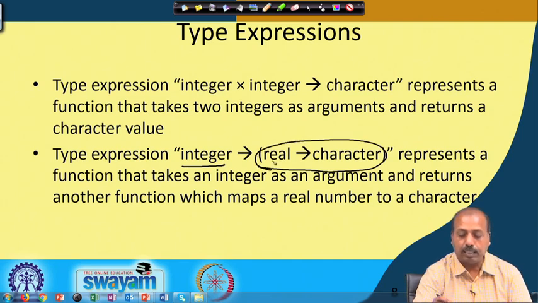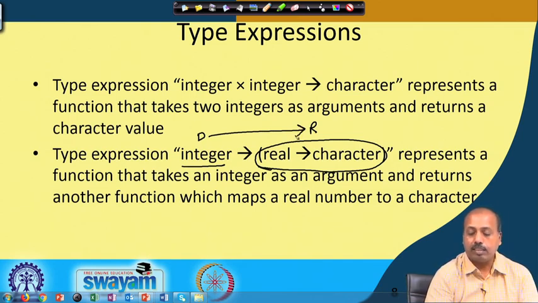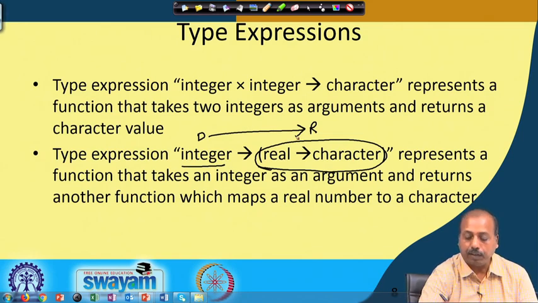So, as you can understand, if this is the domain, it takes values from D and this whole thing is the range. So, it maps D to R, but what is this R? This R is again real to character. So, this is again a function, for which the domain is real and the range is character.